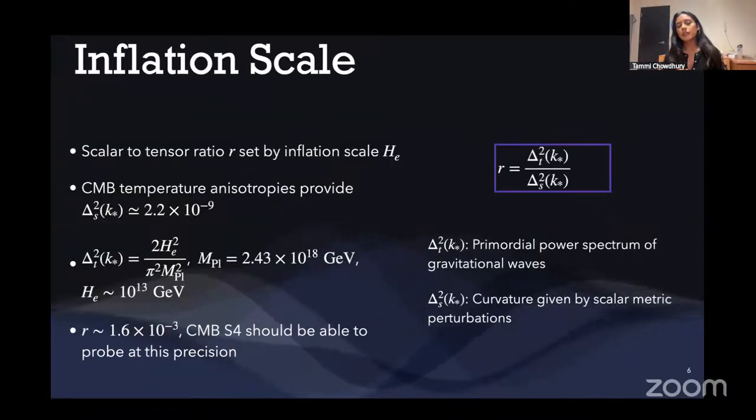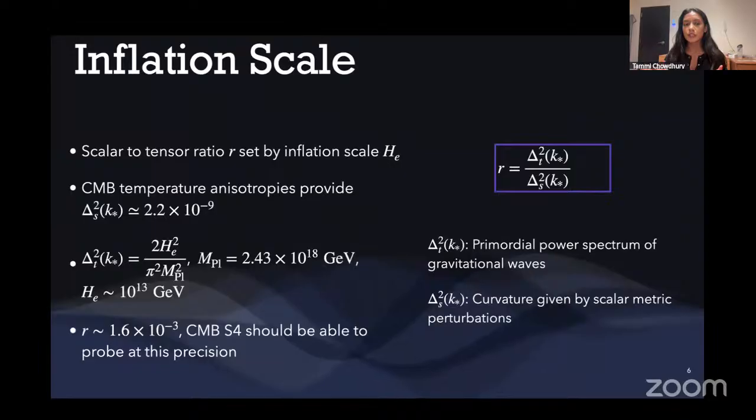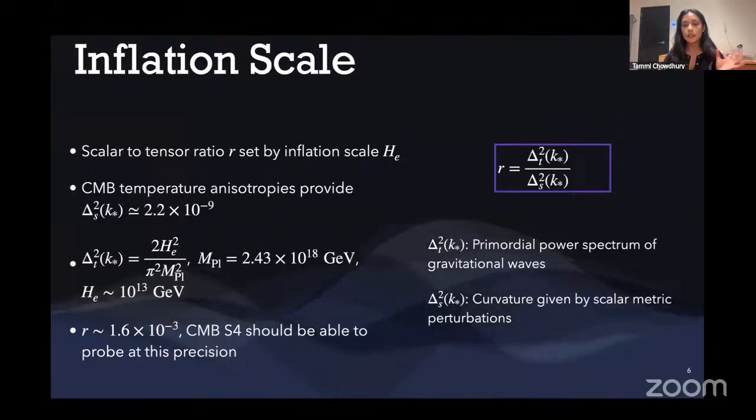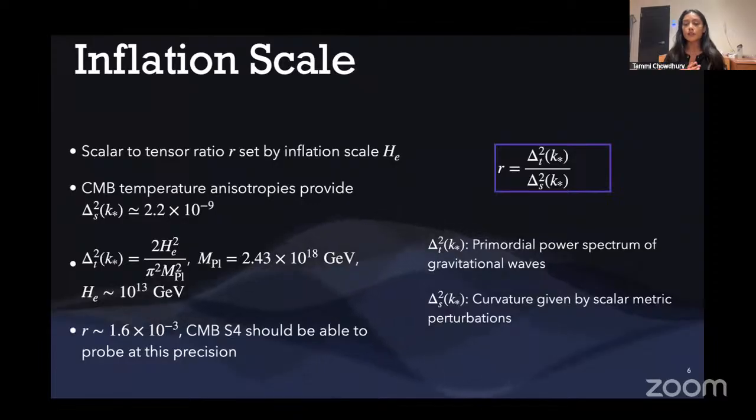And so the inflation scale we denote by the end of inflation, h sub e, and we have the scalar to tensor ratio R. Essentially delta T is the primordial power spectrum of gravitational waves, and delta sub S is the curvature from scalar metric perturbations.